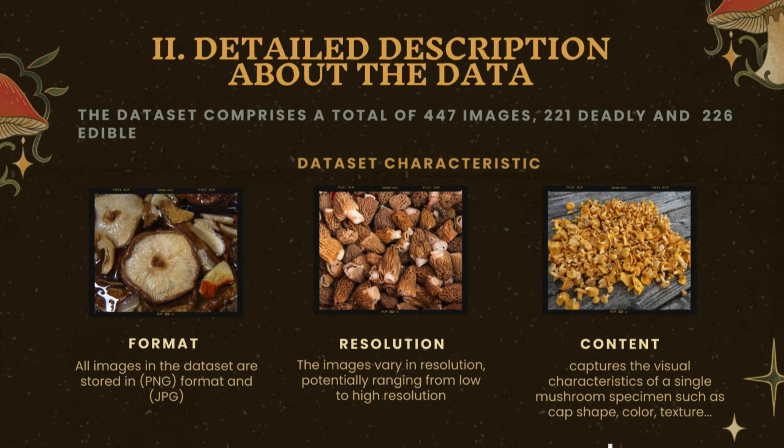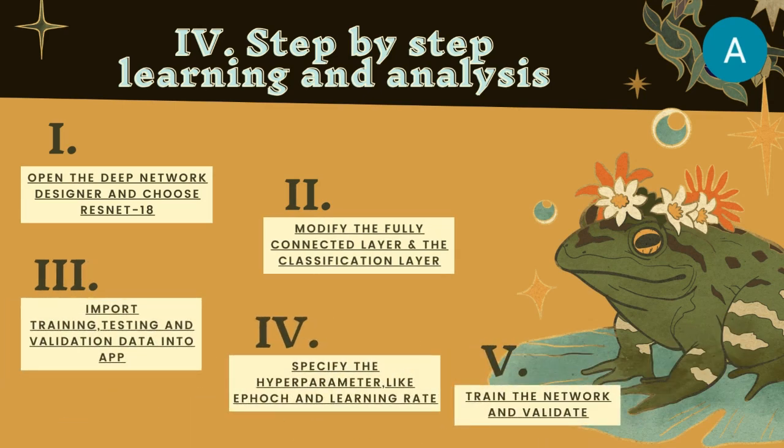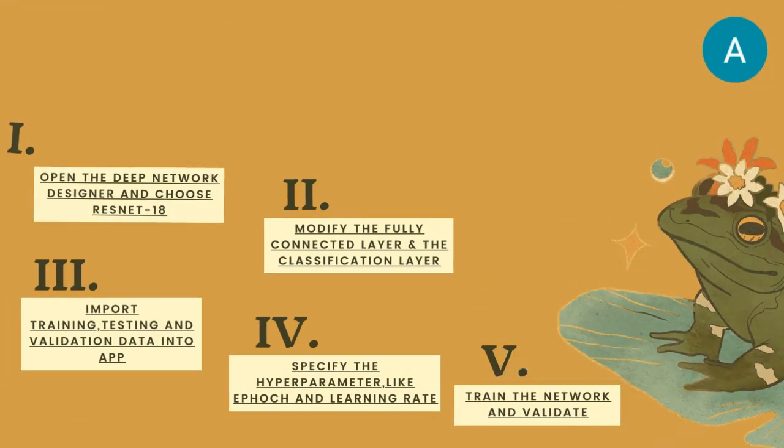We also hope that this data can serve humankind and contribute to safety and knowledge for all. So for the flowchart of this project, next we go to the step-by-step learning and analysis.